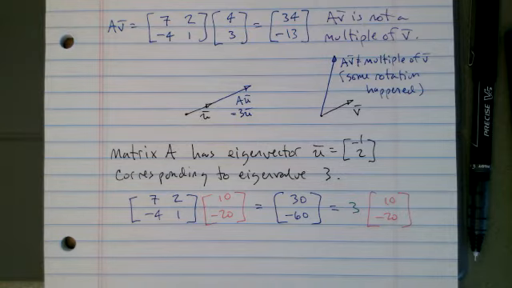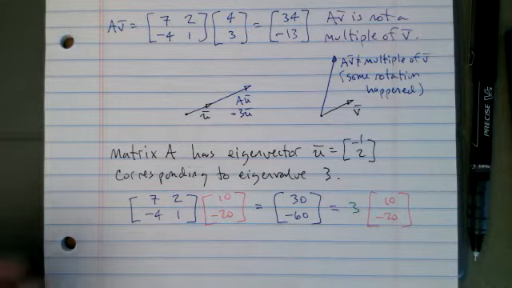All right. So (-1, 2) is an eigenvector of A corresponding to eigenvalue 3. Since any multiple of (-1, 2) ends up being 3 times what we started with, we can say that (-1, 2) is a basis for an eigenspace of A corresponding to eigenvalue 3.